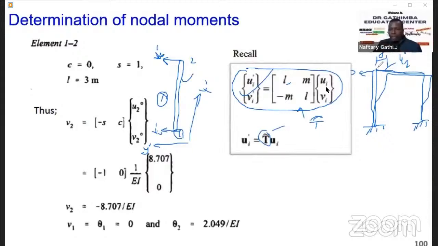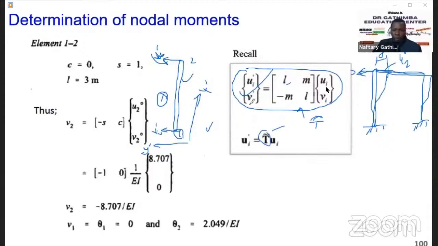This means the horizontal displacement component for the overall structure is the same as the vertical displacement for this element, considering that the element is oriented as shown in this sketch. And to get the stiffness matrix for this element, you already obtained it.